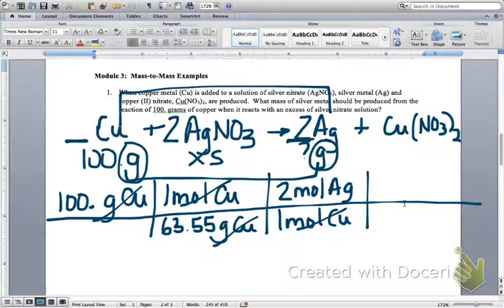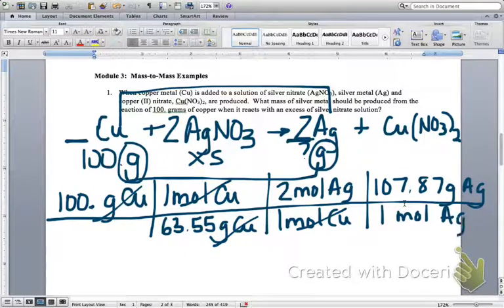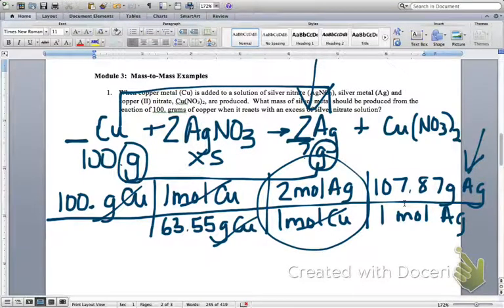So I've got to look up the molar mass of silver. 107.87 grams of silver for every 1 mole of silver. Remember, it does not matter if there's a coefficient in front of that substance. That coefficient does not get factored into the molar mass. The only time the coefficients ever get used, you guys, the only place the coefficients ever get used is right here in our mole-to-mole ratio.